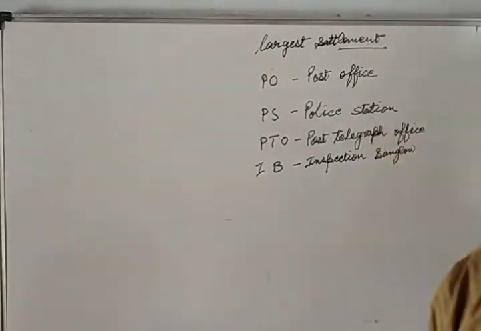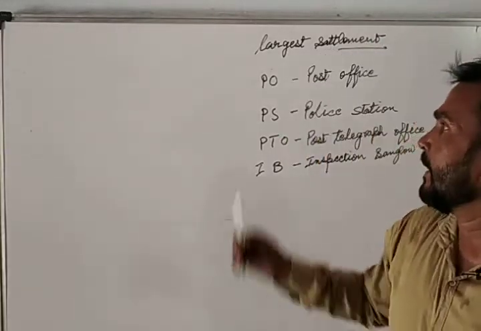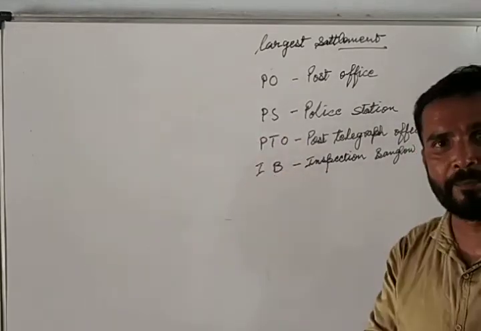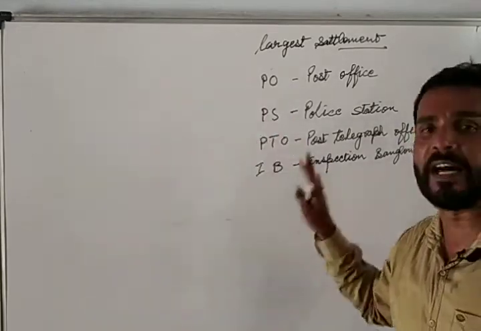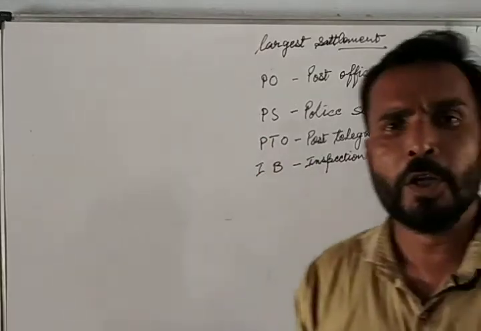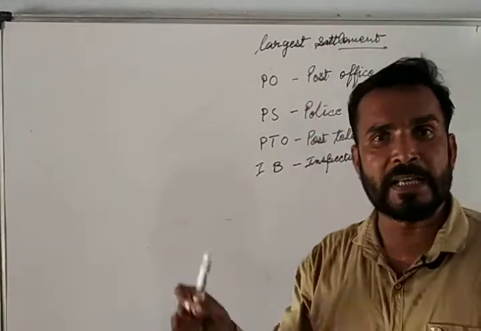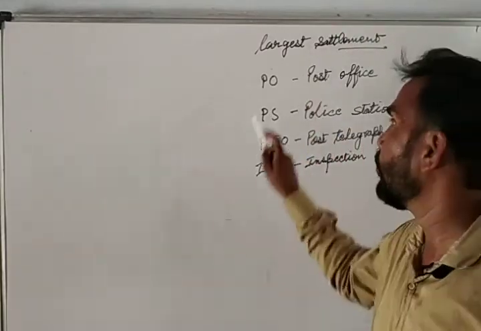If these symbols and letters are shown with the settlement, PO, PTO, PS, IB, and also Dak Bungalow, then you have to write there that this is the largest settlement because of the post office.